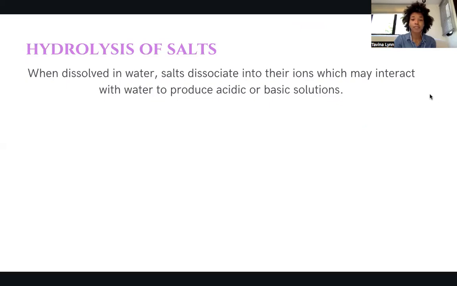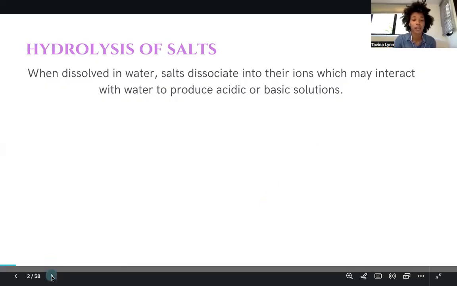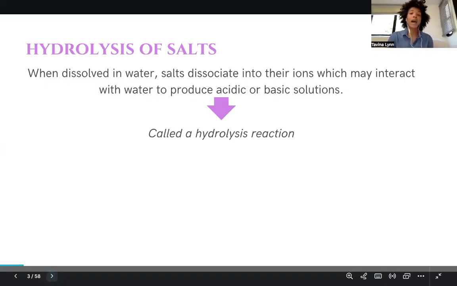It turns out that these salts can produce acidic or basic solutions when they are dissolved in water. When this happens, this type of reaction is called a hydrolysis reaction.